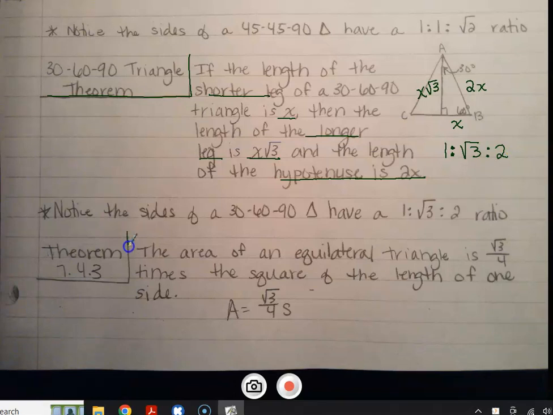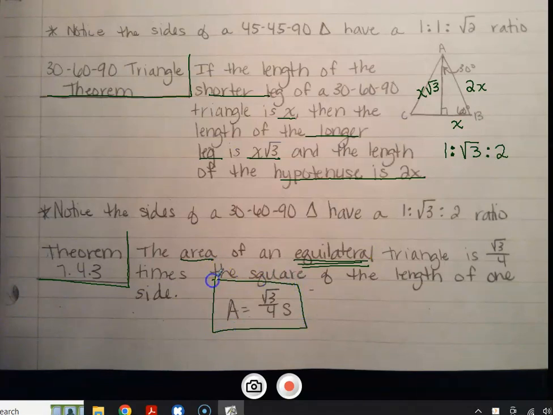And our last theorem here is 7.4.3. So the area of an equilateral triangle, that's important, is the square root of 3 divided by 4 times the square of the length of one side. And the formula is here.